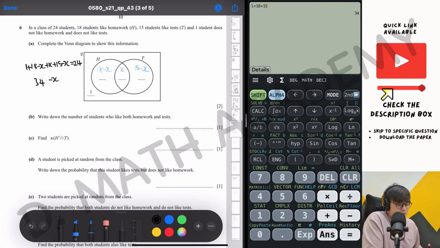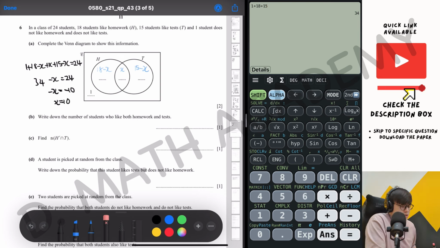So you have 34 minus x equals 24. Negative x equals negative 10 by running the calculation. So your x at the center will actually be 10. So if it's 10, this will be 8 and here will be 5. So that's how you trace the values inside of it.